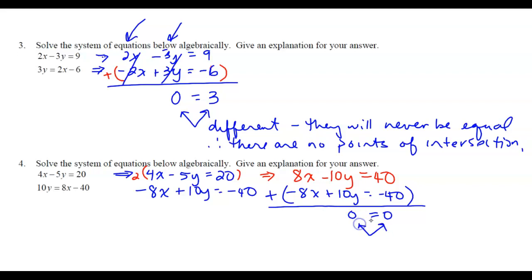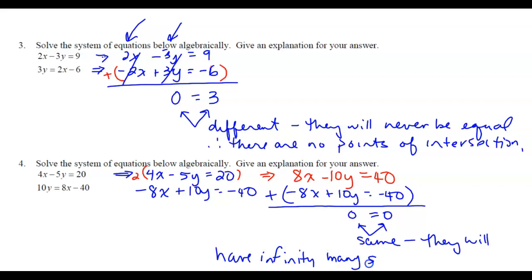You might end up, depending on how it's arranged, having 5 equals 5, or 3 equals 3, or 10 equals 10. In all of those cases, as long as the variables are gone, then if they're the same, they will have infinitely many solutions, because they're the exact same line.